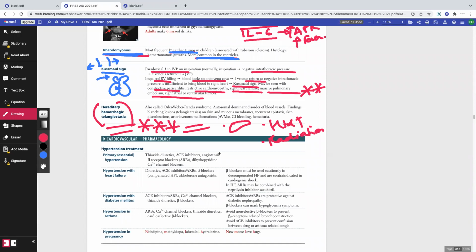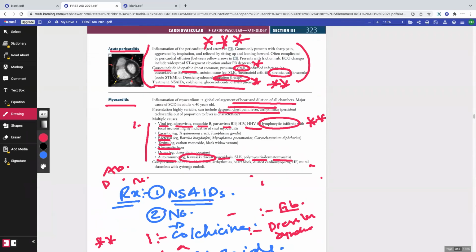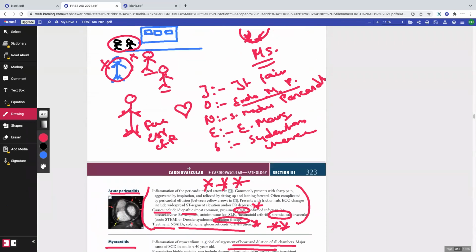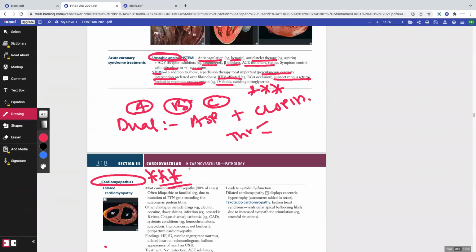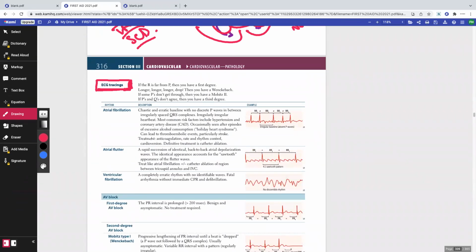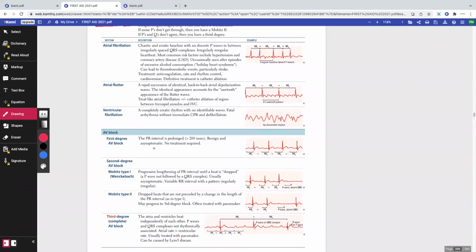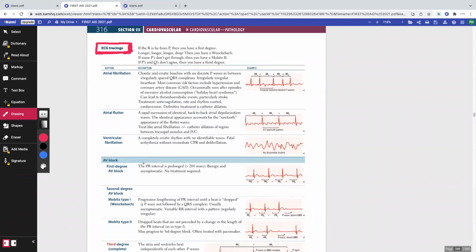In chronic post-radiation problems, some patients will have telangiectasia in the colonic mucosa. So sometimes you can also have telangiectasias there. Are we clear, guys? Yes or no? Okay. So with that being said, we're done with cardiac pathology, except our discussion of ECG tracings.